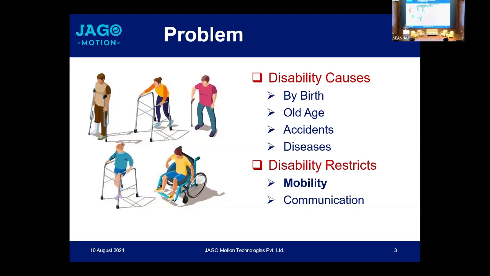I'm not claiming anything, please don't misunderstand me. This is general data which I collected and am trying to interpret. So my finding is mobility is at the heart of their life expectancy. They need to be mobile, they need to move out, and that's where I decided to target my work.